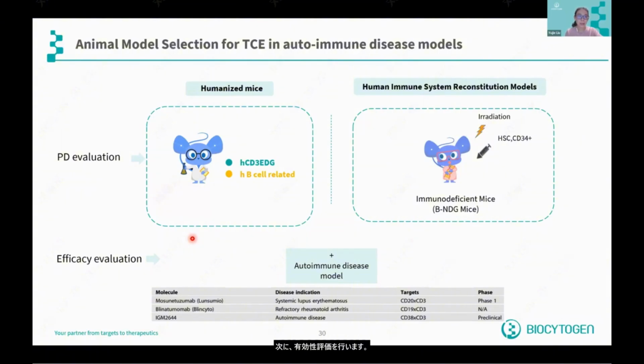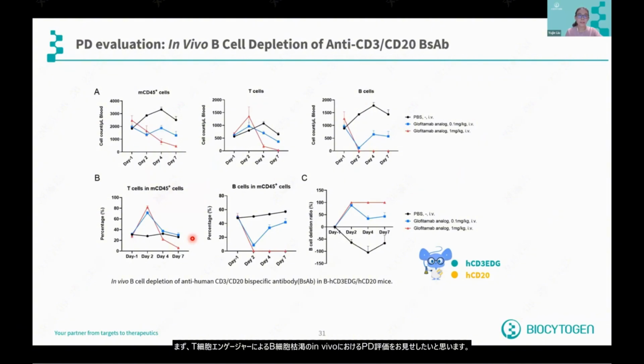And next, we can do the efficacy evaluation. We can use the humanized mice and an autoimmune disease model induction method to induce the autoimmune symptoms, and then give the treatment.